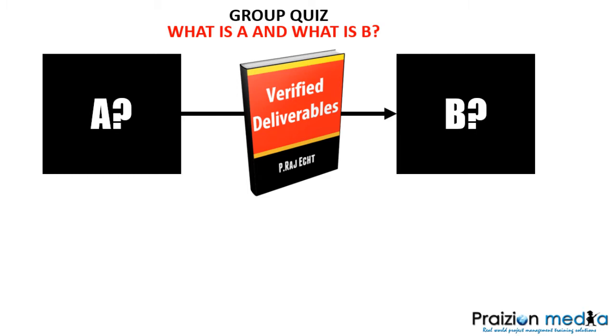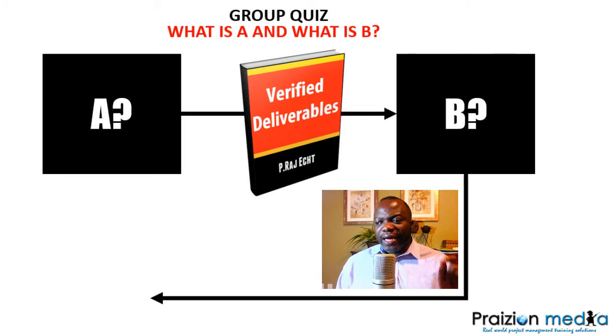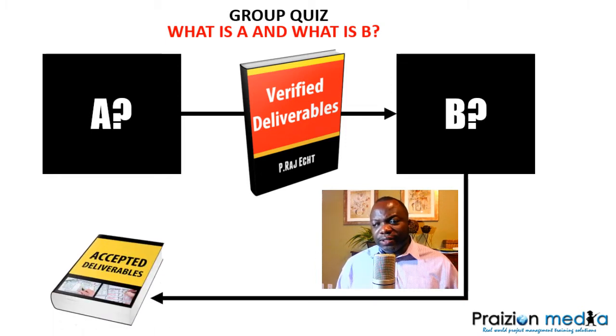We need to find out what is process A and what is process B. But we're going to go a little step further. Process B gives us an output, and that output is known as accepted deliverables. So the question is, what is A? What is B?